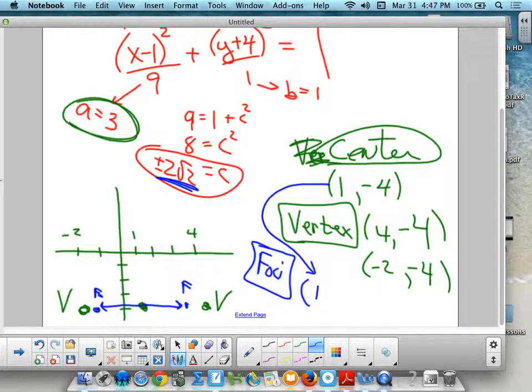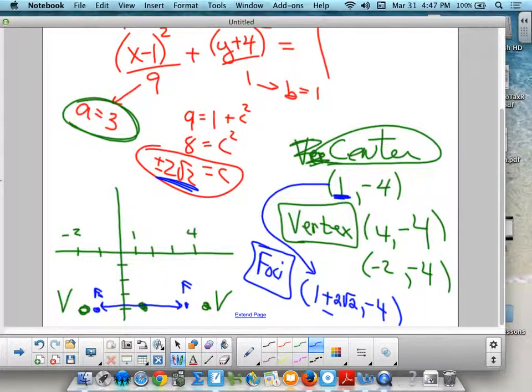The x value is 1 plus 2 square root of 2, comma, negative 4. And 1 minus 2 square root of 2, comma, negative 4. So really, just add the c to the 1 and subtract the c from the 1, and you'll get the foci. Keep the negative 4 though. I mean, the y doesn't change.